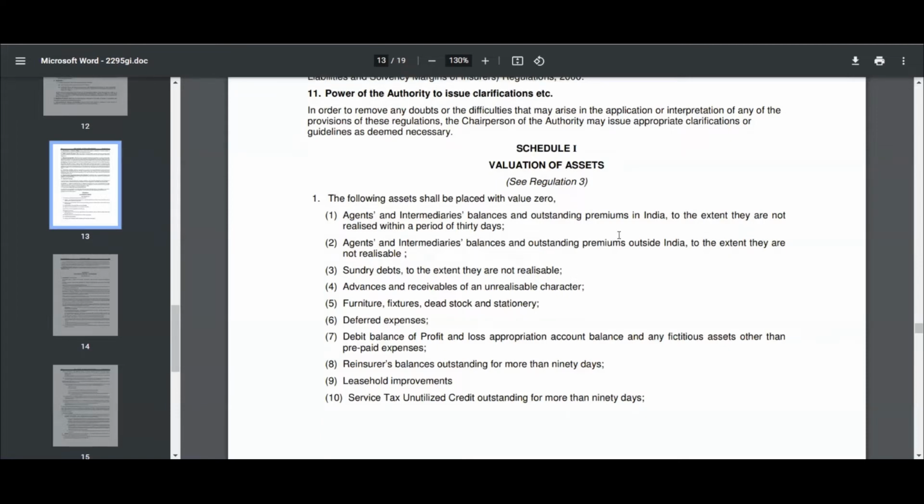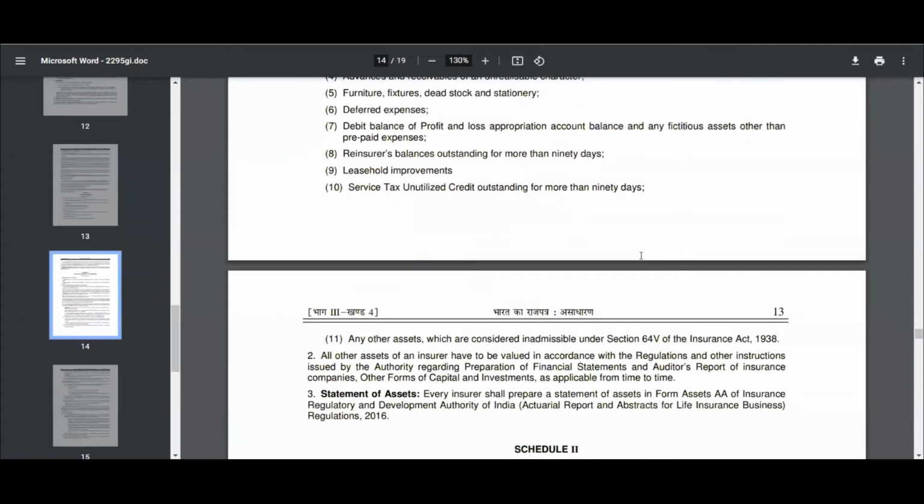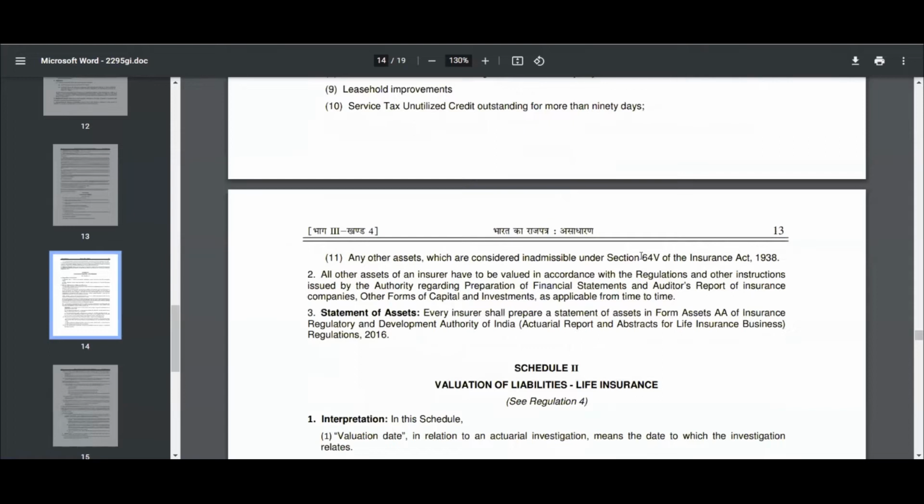Deferred expenses, any debit from the profit and loss appropriation account, and any fictitious asset other than prepaid expenses, service tax unutilized for a period of 90 days, reinsurance outstanding balance for a period of 90 days, leasehold premiums, and any other asset that is considered inadmissible as per section 64.5 of the Insurance Act.